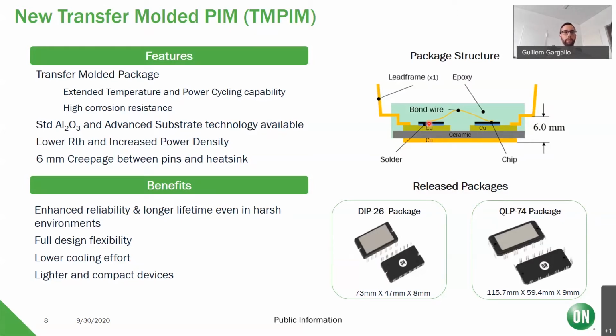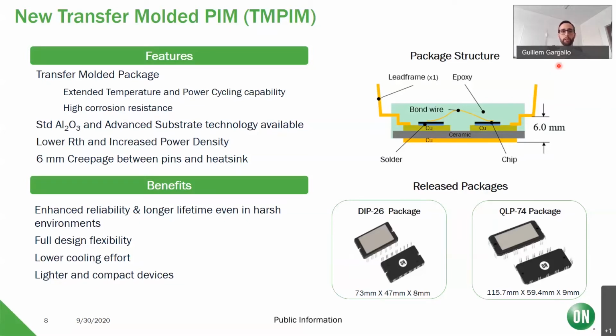We provide here not only the standard aluminum oxide ceramic, we also have some versions with what we call advanced substrate technology. I will show later on in a bit more detail what this means. This enables a reduction in the RTH and therefore also an increase in the power density.